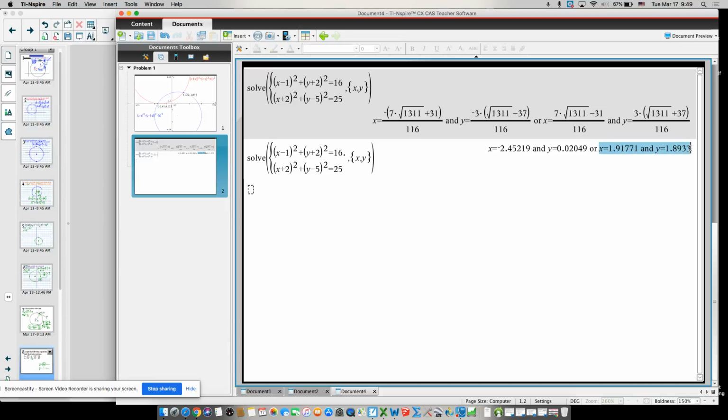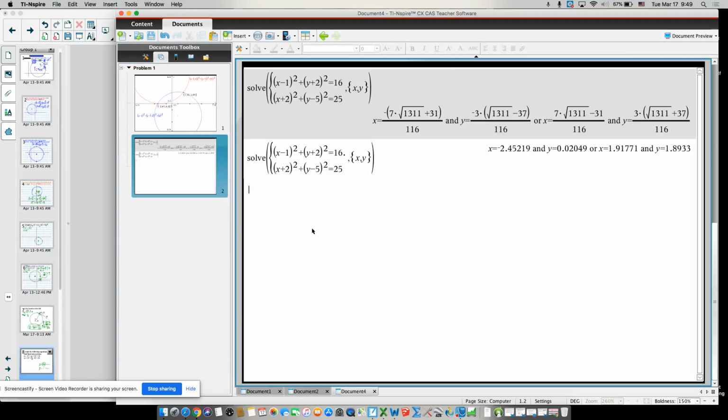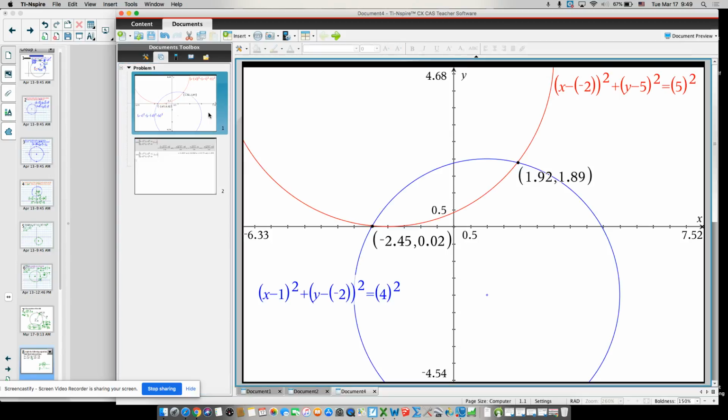So or this, where I get 1.92 and 1.89. Here it is, 1.92 and 1.89. So this is just two different ways to get the intersection. You can use the solve a system tool, or you can use the intersection tool. That's not going to come up a lot, but it's a really cool thing, and it's something you should be able to do.